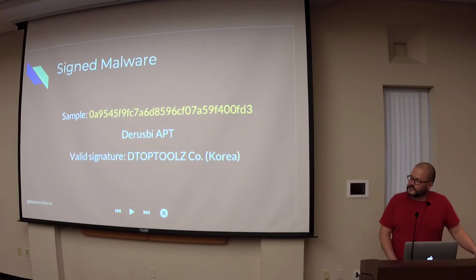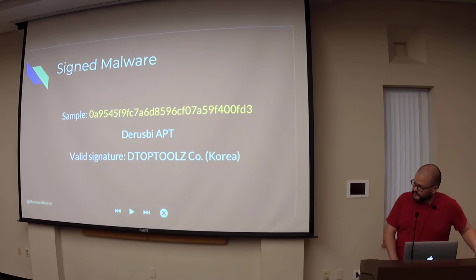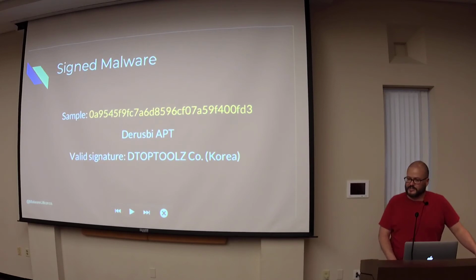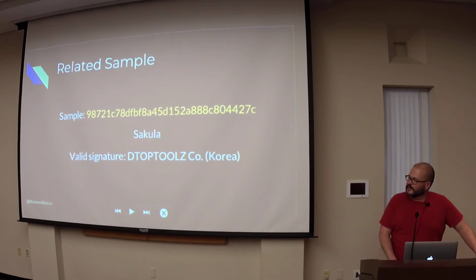So this is one of the folks on the research team at Reconnect. They found a sample which was found to be Deputy Dog APT, and there's a valid signature from DTOP tools. And if you look for this same signature, they were able to find other samples that were related to that and used in previous attacks.